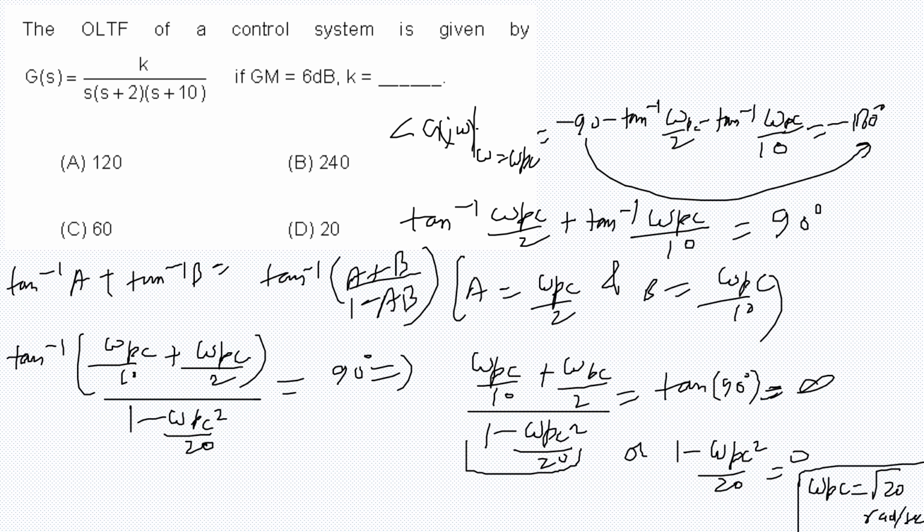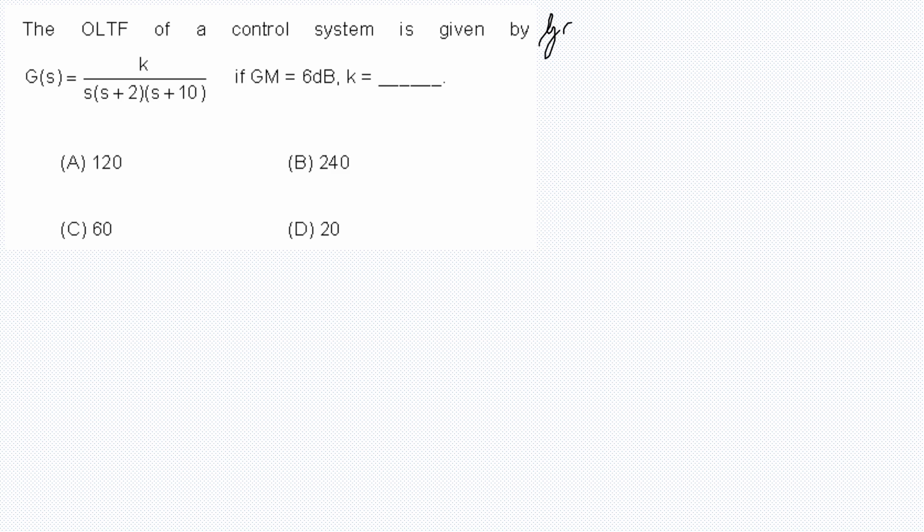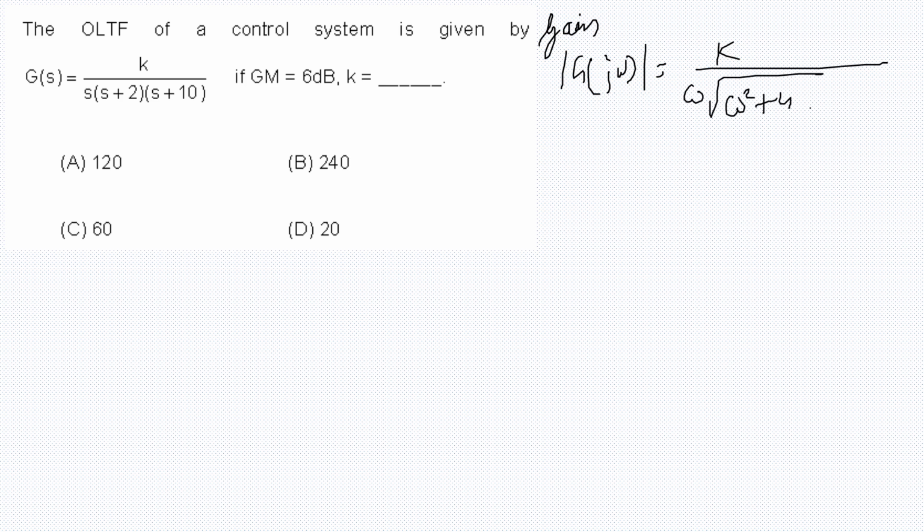Now that I have omega pc, I am going to find my gain. How to find the gain? Again, the mod of G(j omega) has to be found. That is going to be k over omega under root omega square plus 4 under root omega square plus 100. Now I need to find the mod of G(j omega) at omega equals omega pc.